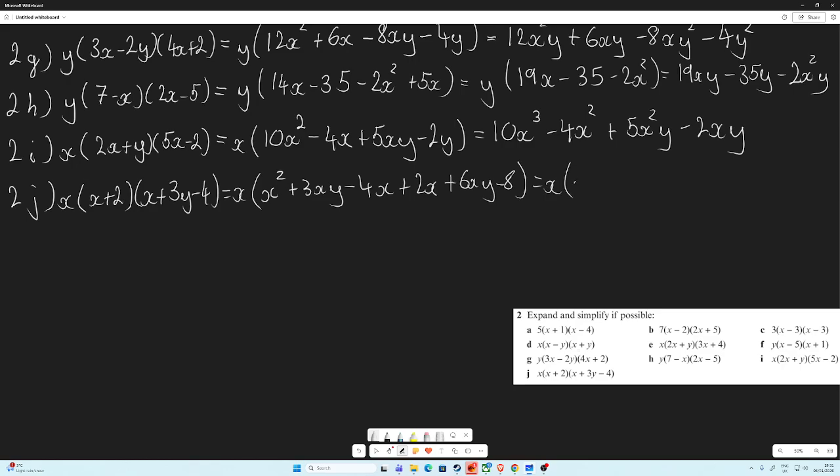So that's x times x squared, we have 9xy minus 2x minus 8. So that equals to x cubed plus 9x squared y minus 2x squared minus 8x.